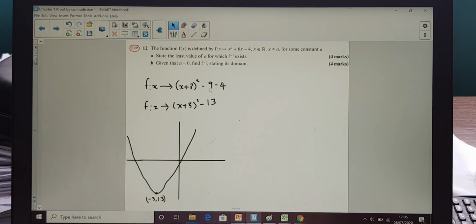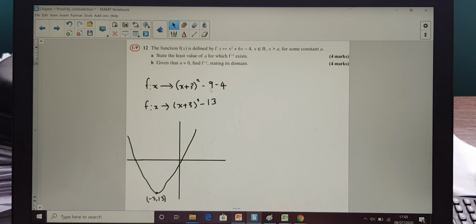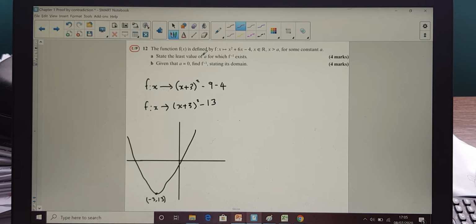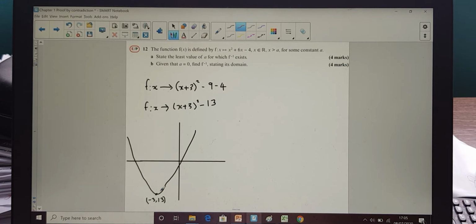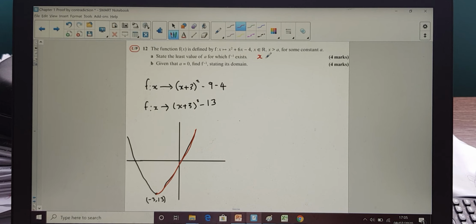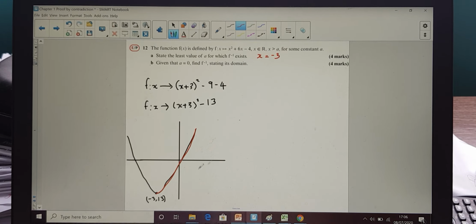Which I don't want, because then it won't be a one-to-one. But if I say that the minimum value of a is -3, my minimum value of a, which is my x value, remember, because I only want to be looking at these bits here, then x would have to equal -3, yeah?